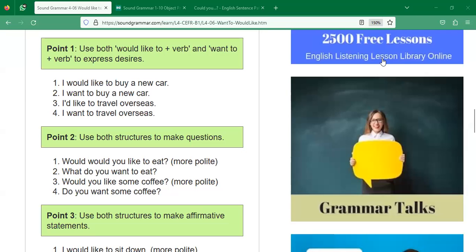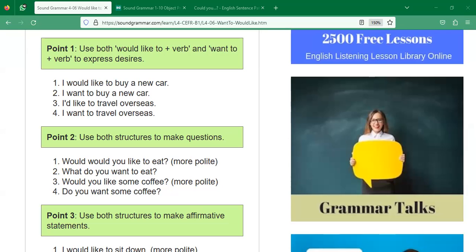Okay, so welcome everybody. In previous sessions, we were checking some information specifically related to would, and how we make different requests, if we can say it like that, when we talk about different things. So let's review some of this information.